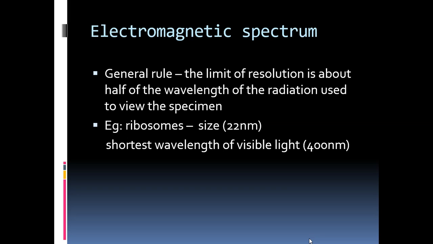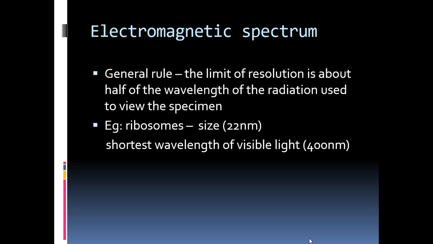Because that is half of the shortest visible light wavelength, which is 400 nanometers. So that will be the resolution of the visible light microscope. The smallest object that you can see would be 200 nanometers, which is the resolution.